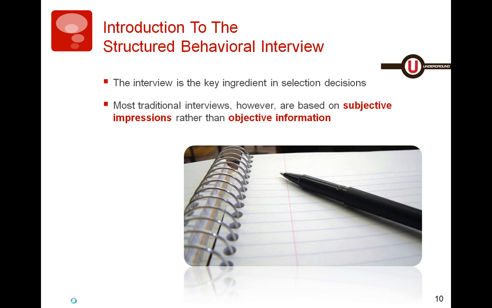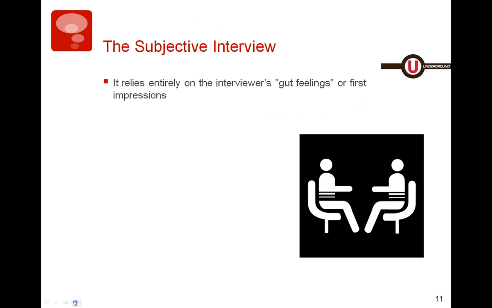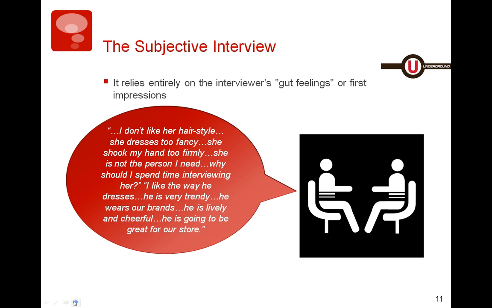And here we have a number of examples that show you what we mean by subjective interviews. A subjective interview is an interview that relies entirely on the interviewer's gut feelings or first impressions. And here is an example where the interviewer relies on his or her first impressions.